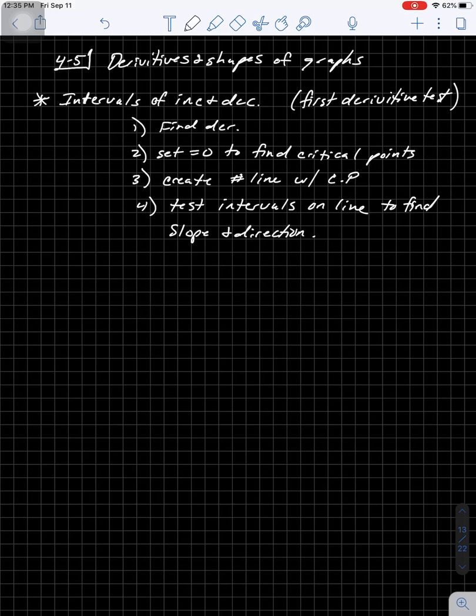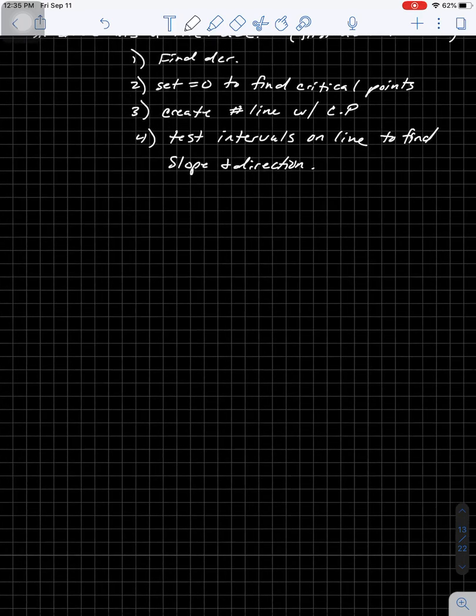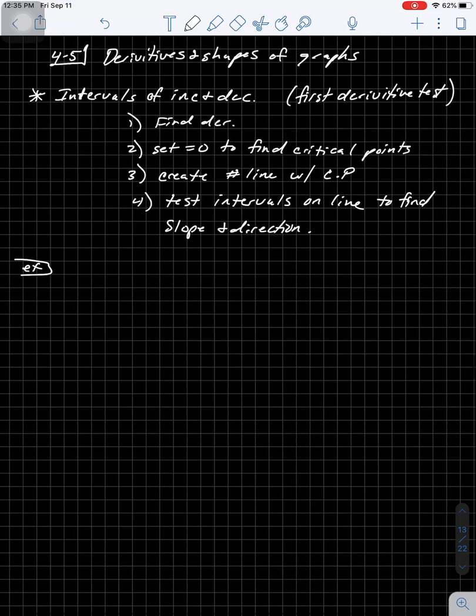Okay, so let's walk through an example. Directions will say just find it. Sometimes they say use the first derivative test, and other times they just say find the intervals where the function is increasing or decreasing.